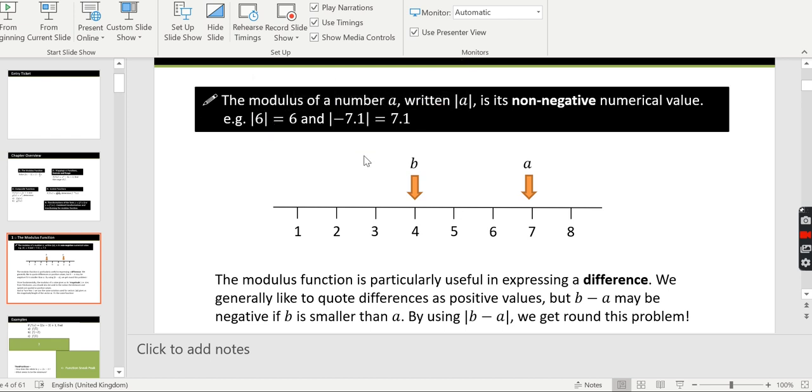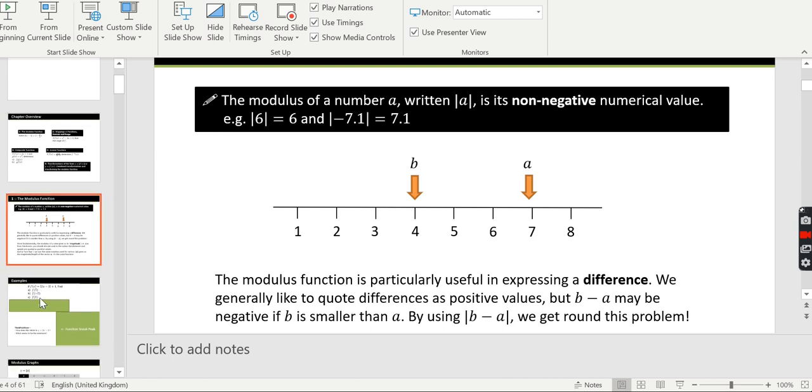But if you were to talk about the modulus of a negative number, well, we say that's just a positive version of that. Okay? So, the modulus function returns positive values, or I suppose you could return zeros as well, but it can't return negative values, not unless you do something after the modulus.